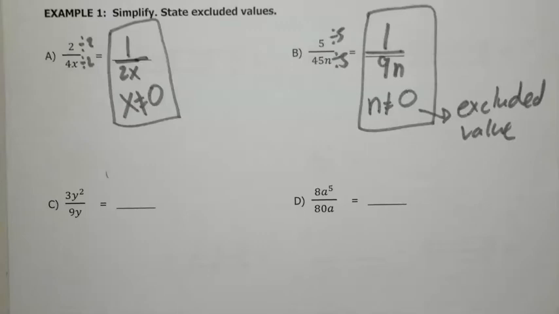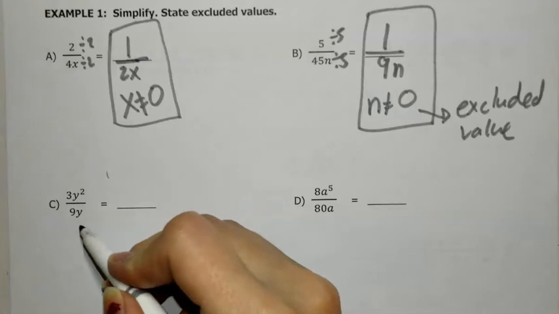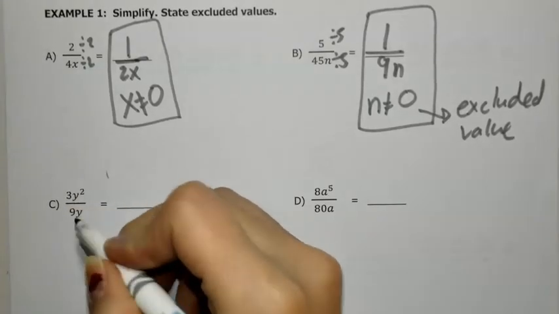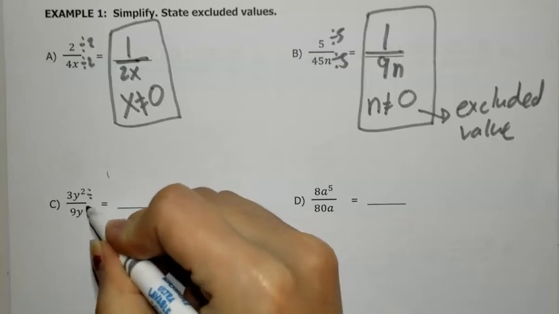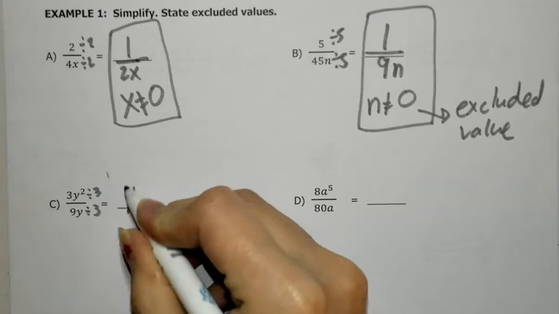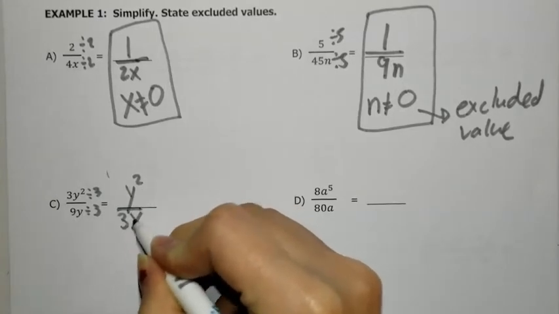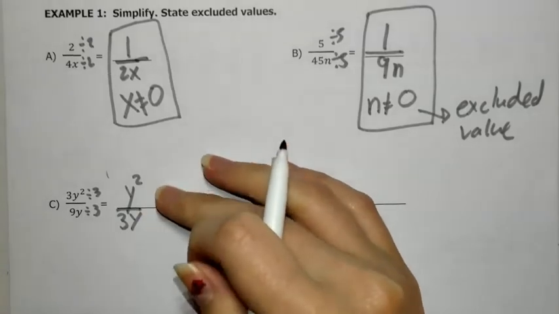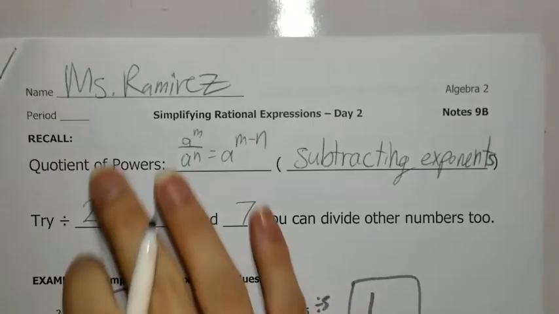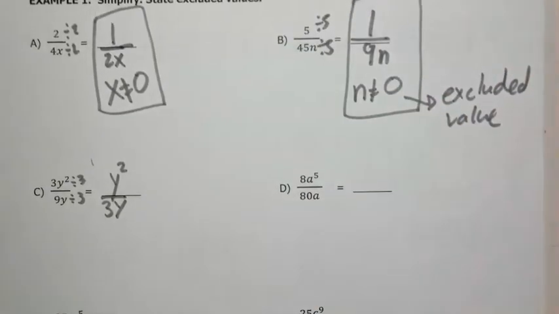Alright, let's look at C. We have 3y squared over 9y. What number can we divide 3 and 9 by? 3. So 3 divided by 3 is 1, and we still have y squared. 9 divided by 3 is 3y. Now we have a y in the numerator and the denominator, so we're also going to use our quotient powers property to simplify it further.